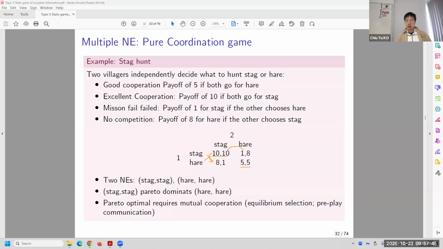No, because X is less than 10. So this is a nice equilibrium. Same, you can check for the hare and hare. Okay. Just to remind you that equilibrium is defined as a strategy, not the payoff. Okay, it's a choice, not the number.